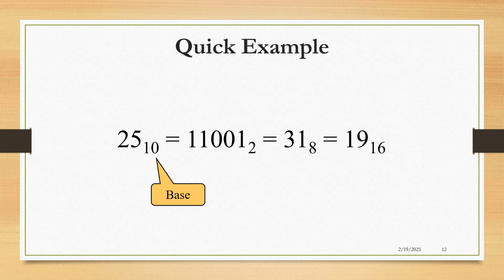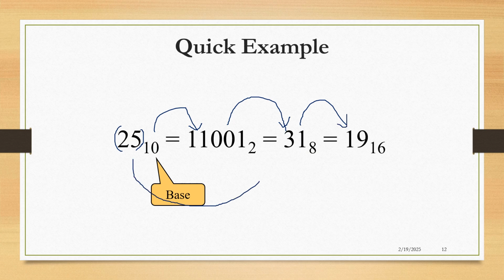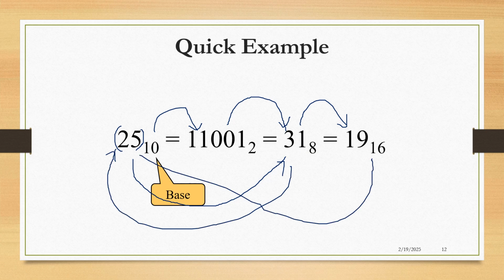This is one example of how we represent 25 in base 10, how we convert it into binary, how binary is converted into octal, and how octal is converted into hexadecimal, and the reverse.